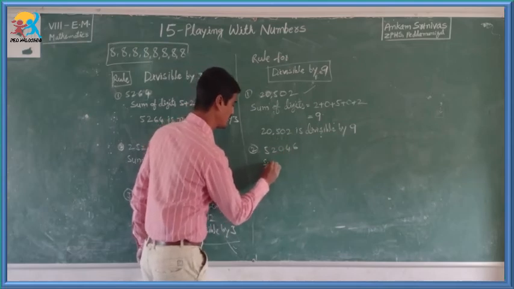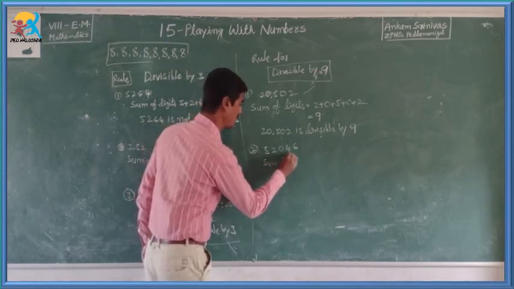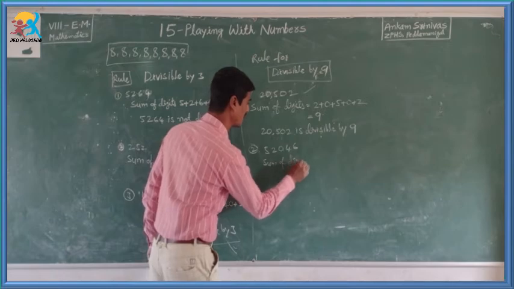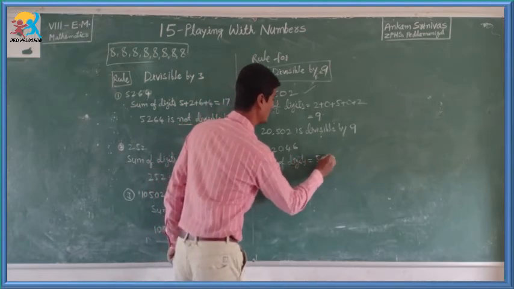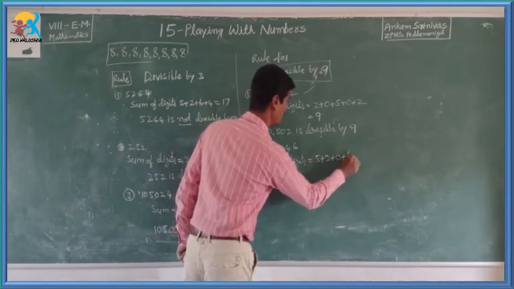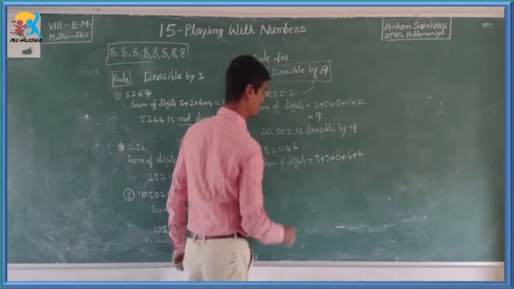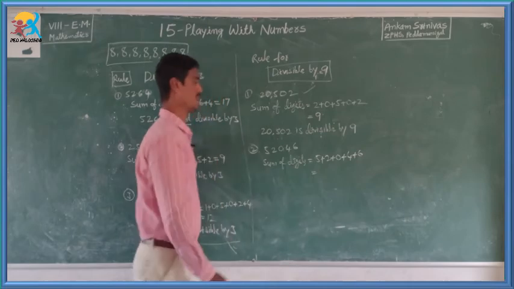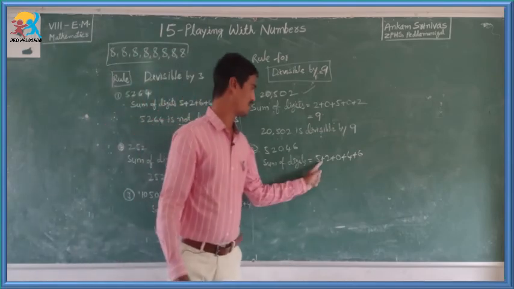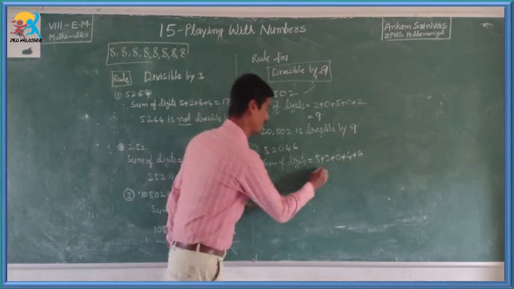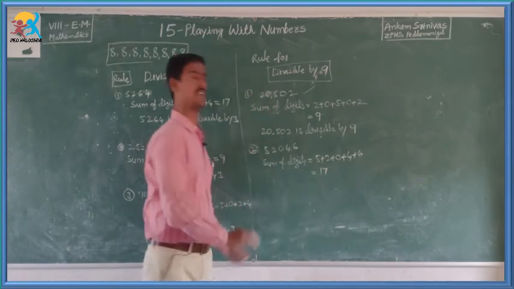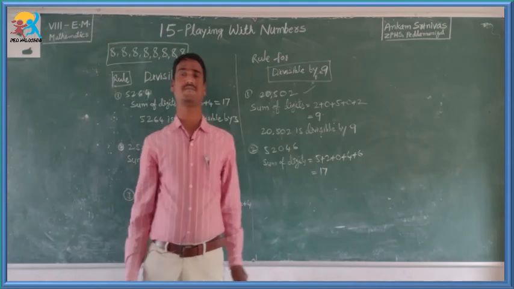Find the sum of digits: 5 plus 2 plus 0 plus 4 plus 6. 5 plus 2, 7. 7 plus 4, 11. 11 plus 6, 17. 17 does not come in the 9 table.